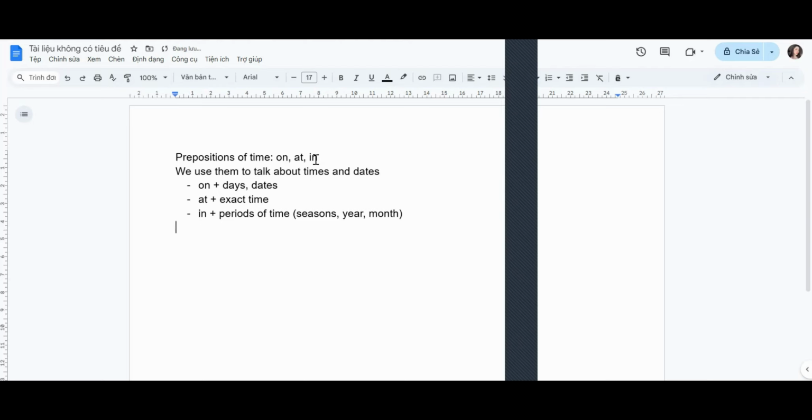All right. So for example, if I have Tuesday, what preposition of time do we use? On Tuesday, because Tuesday is the day. All right. What about summer? I have the noun summer. So what preposition of time do we use?